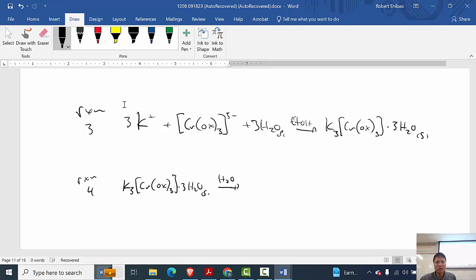And what happens here is this dissolves. When this dissolves, it breaks apart the lattice and frees up the water. And then we add ethanol, and hopefully you guys are getting crystals again.